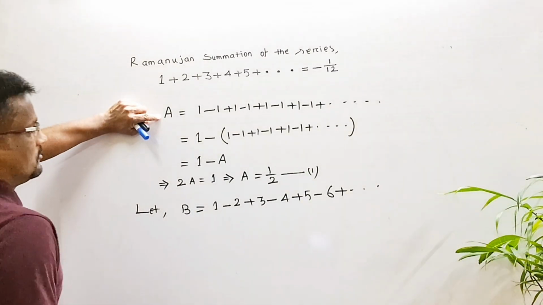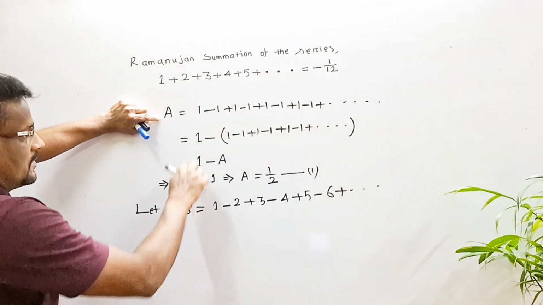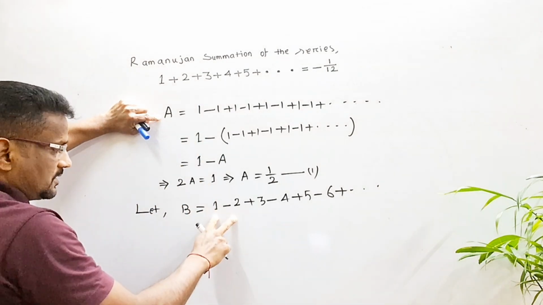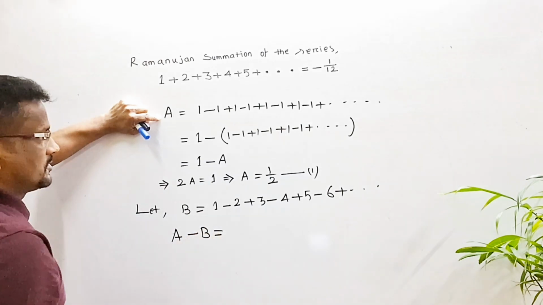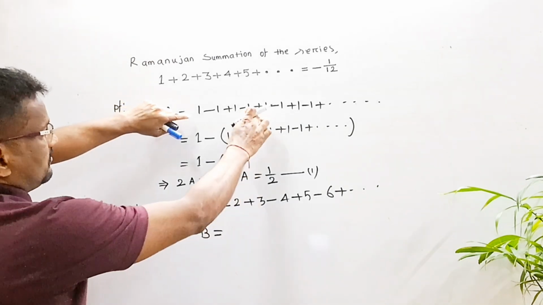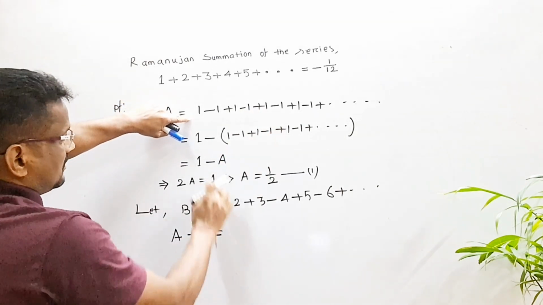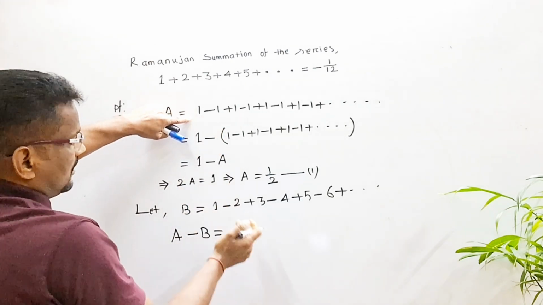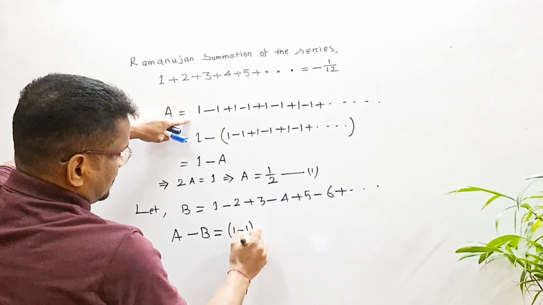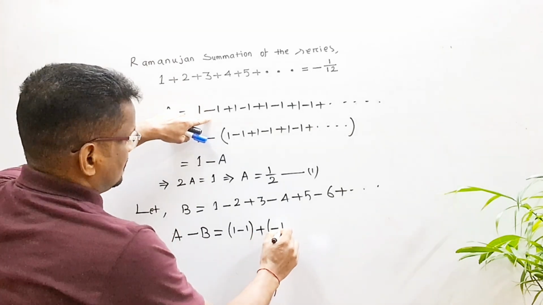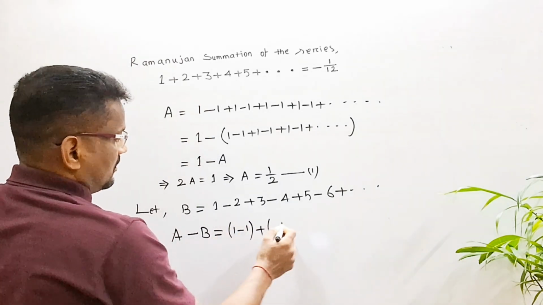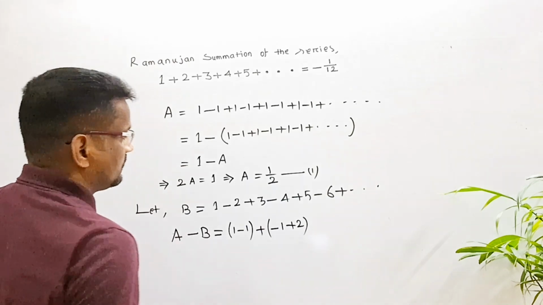Now what are we going to do? A minus B. From this series, just subtract this series. Then A minus B equals, if you want, you can directly subtract it: 1 minus 1, that will be your 1 minus 1, then plus, it is negative 1, then it will be plus 2.